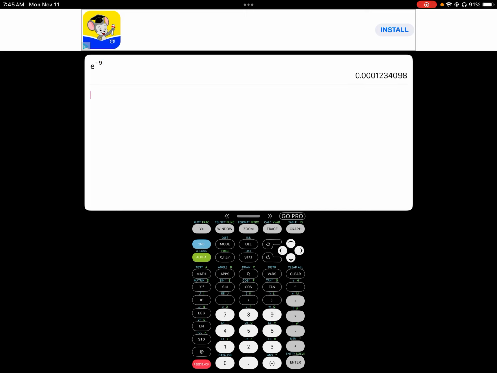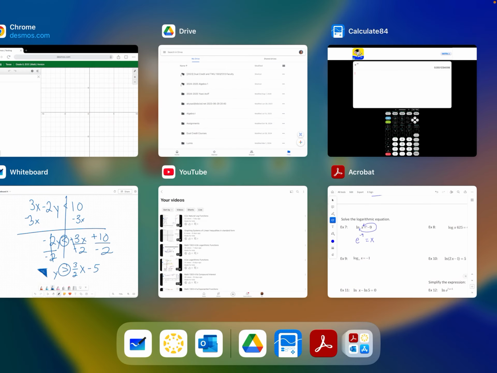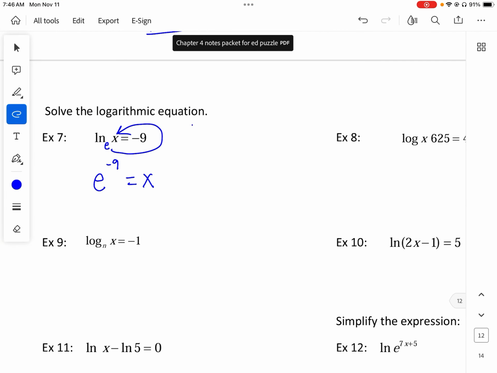My calculator doesn't do the scientific notation, but your calculator does. So see how mine is listed? When you put it in, it looks like this. It says 1.234 e negative 4. What that means is it's scientific notation.